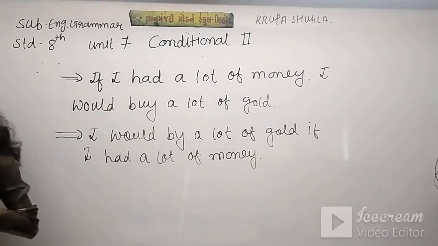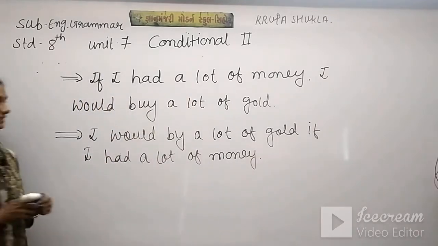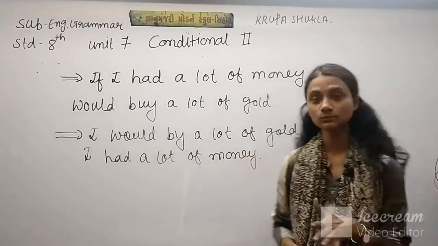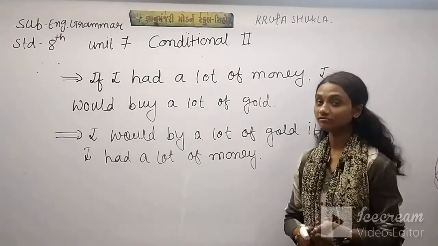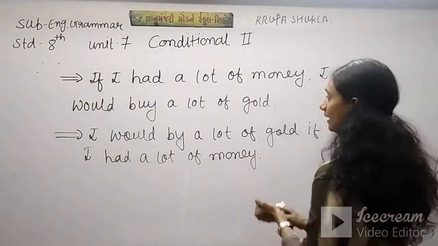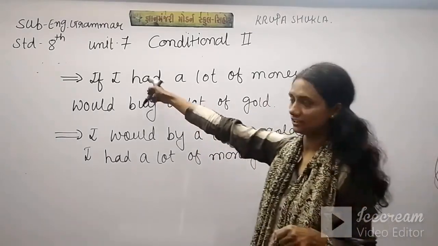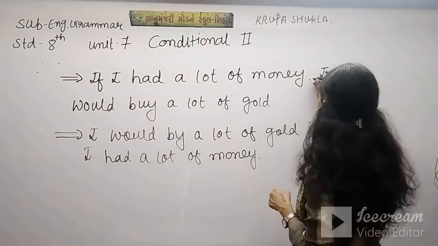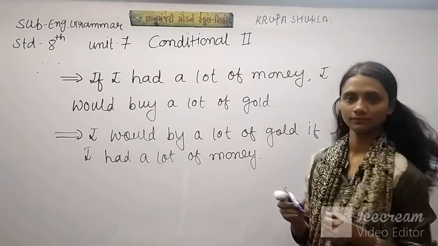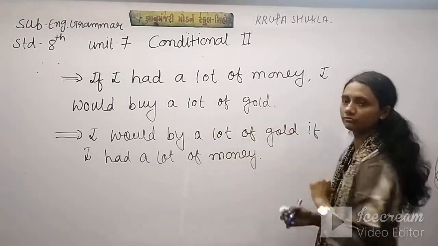Just check these two sentences, students. See, I have written the same sentences here, only one change is there. If I had a lot of money, so we have the if sentence first. That's why I have put a comma here. I would buy a lot of gold.